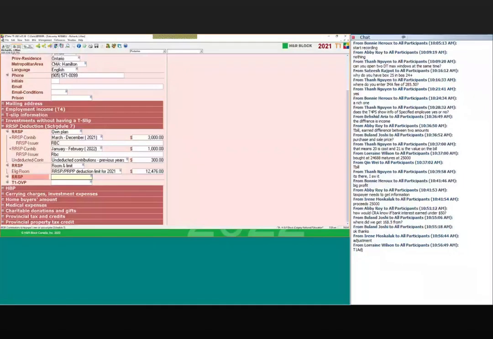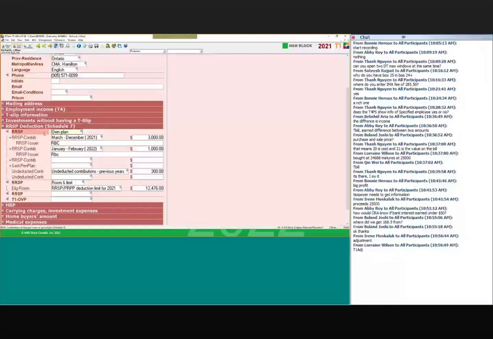It also tells us, when we're looking at our notice of assessment, that she has undeducted RSP contributions. So we're going to go back to the first data entry box here. Underneath the contributions, we have a box called undeducted contributions. It can be from previous years or January or February of this year. Well, we don't know. I've never used undeducted contributions from January, February.